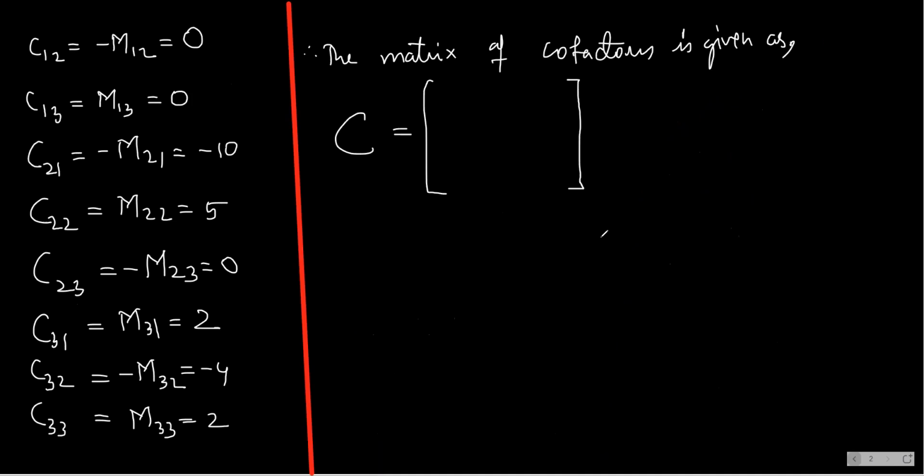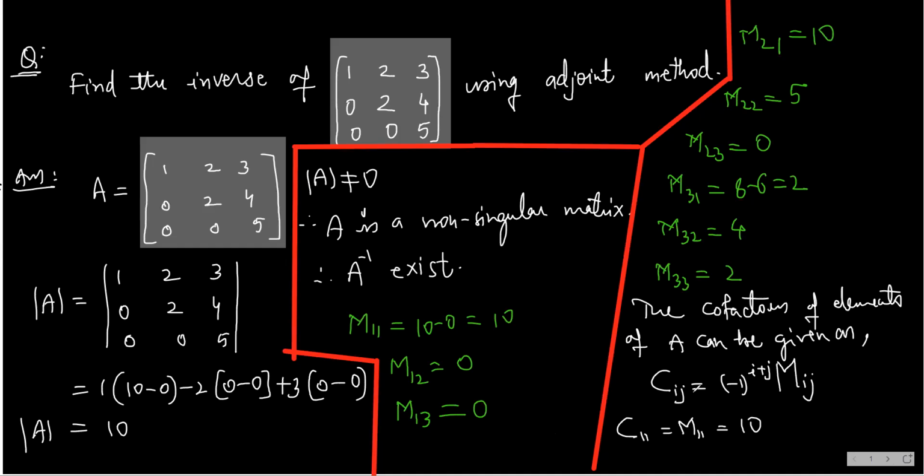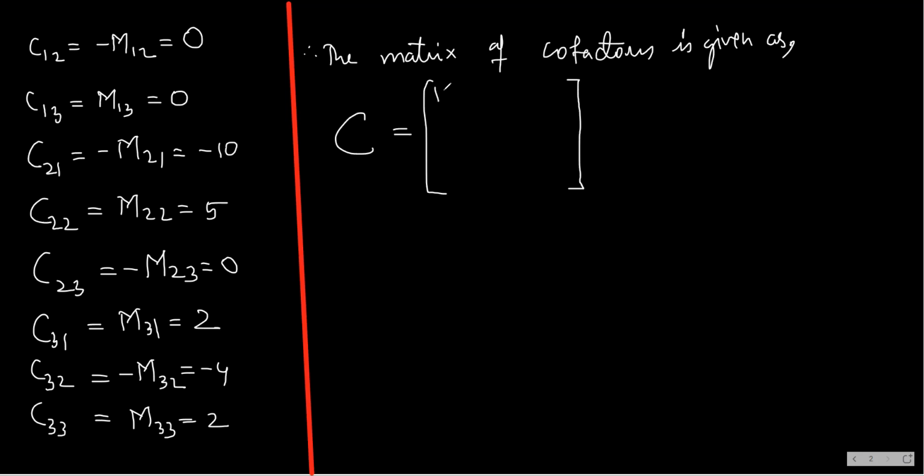See here, C11 is 10, so you write 10, then 0, 0. Then you have negative 10, 5, 0. Then 2, negative 4, 2. This is C.